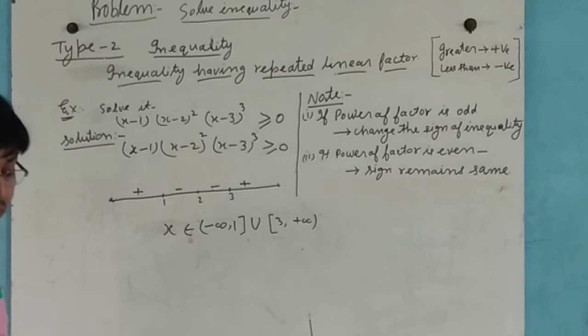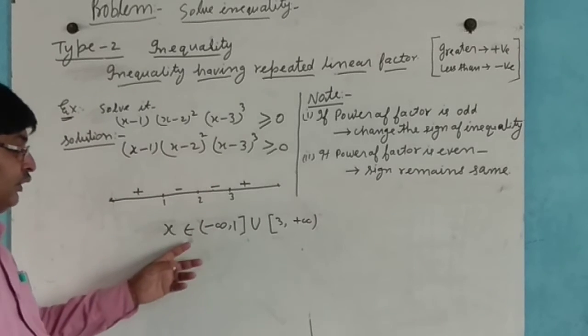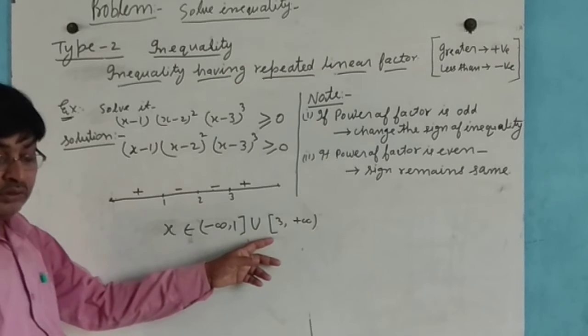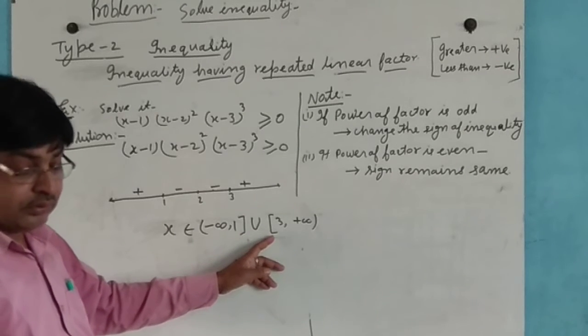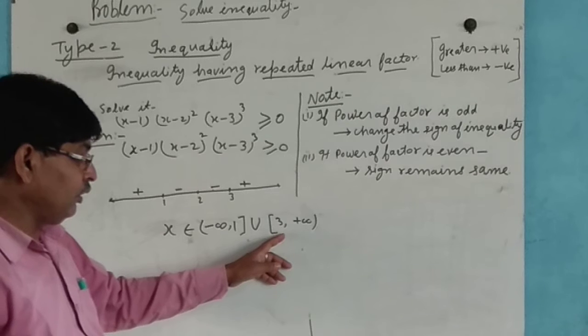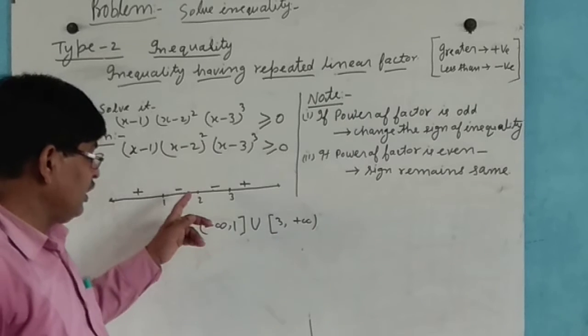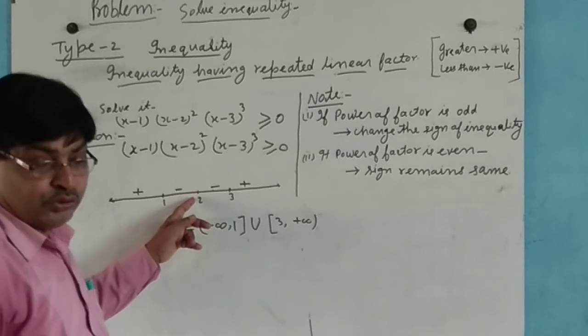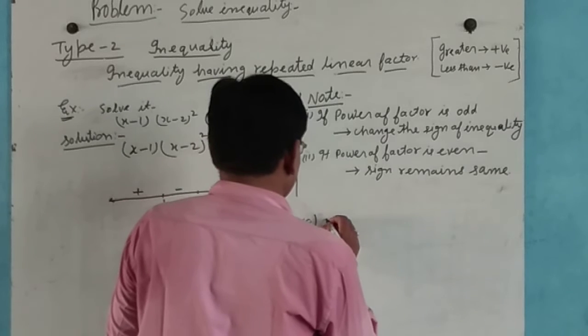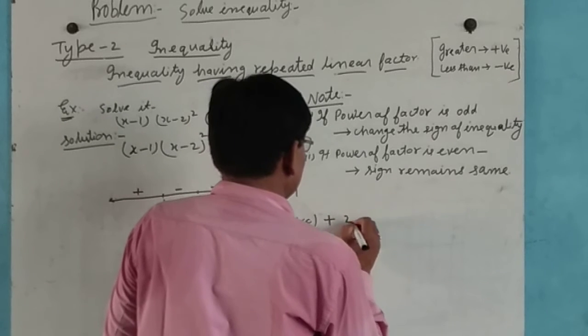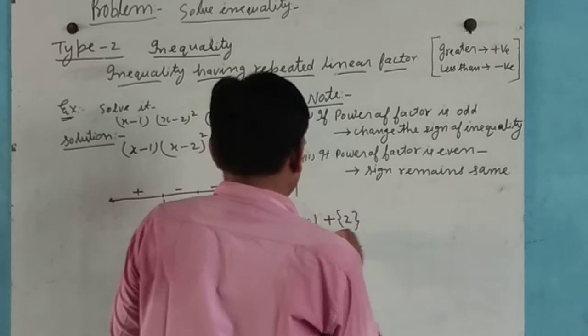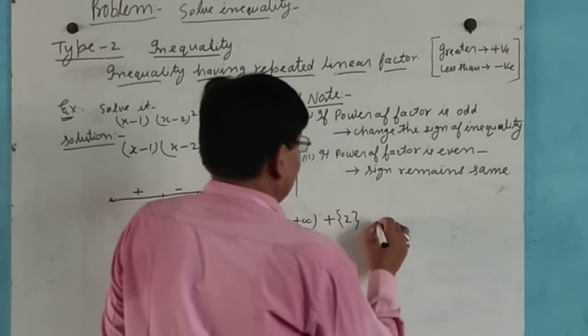It means that x belongs to minus infinity to 1, union 3 to infinity, and this is a point 2. Also we take this point, so 2 is also taken. This is our answer.